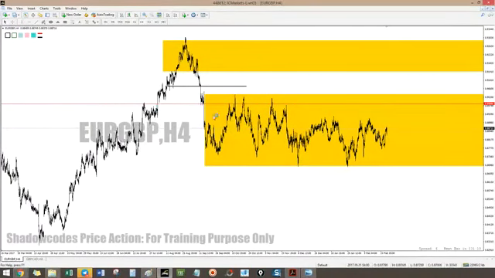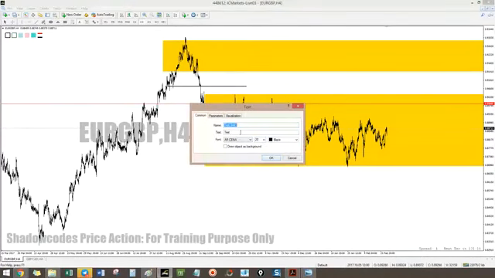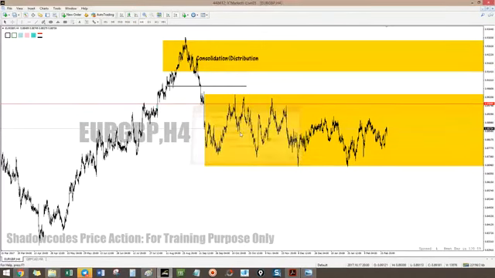And no, this is a participation. For example, this one is a consolidation, or what is it? A distribution. Distribution.